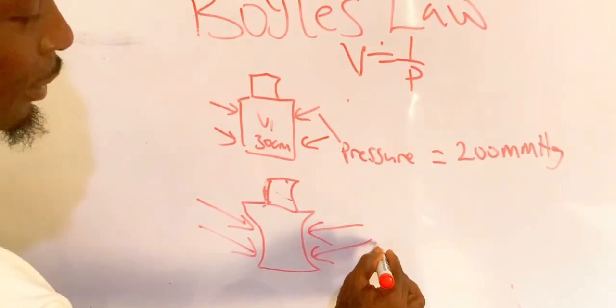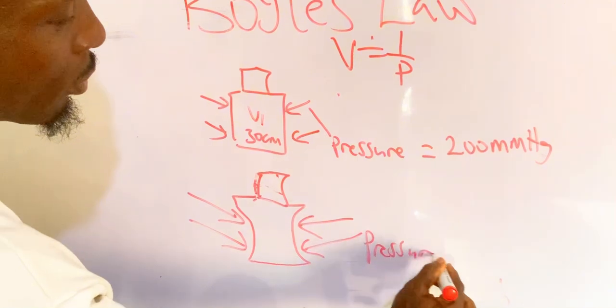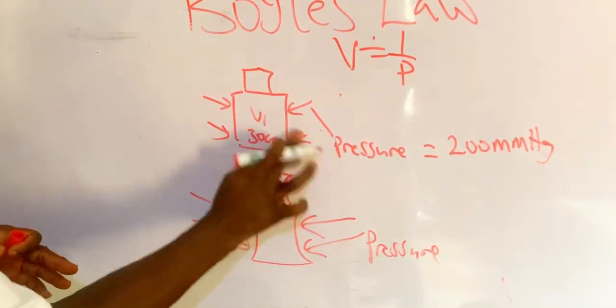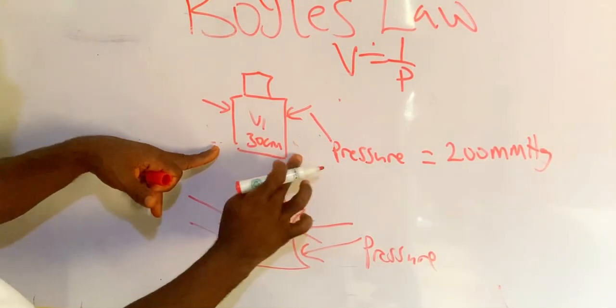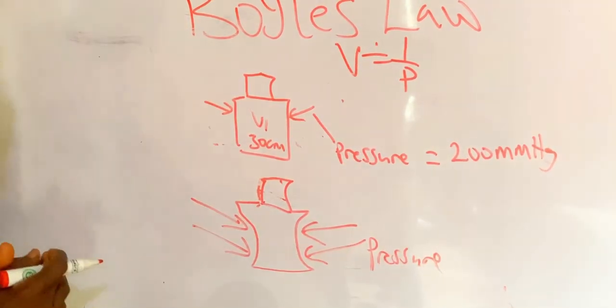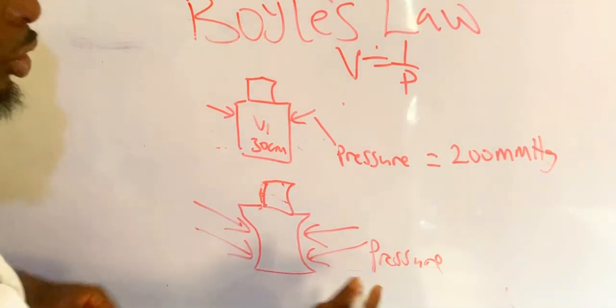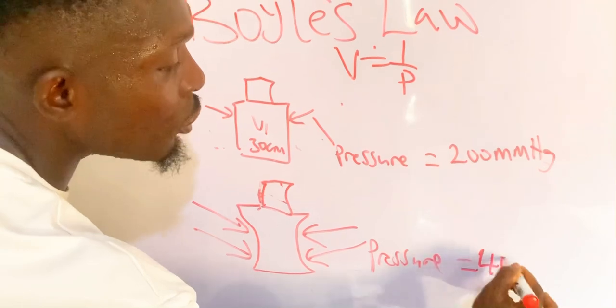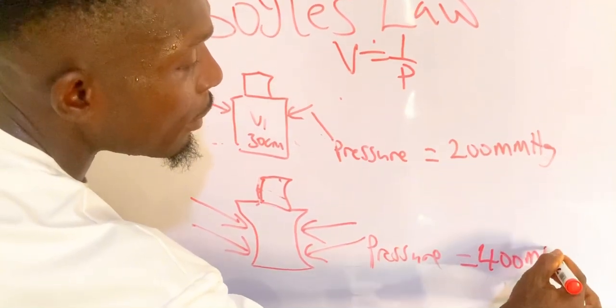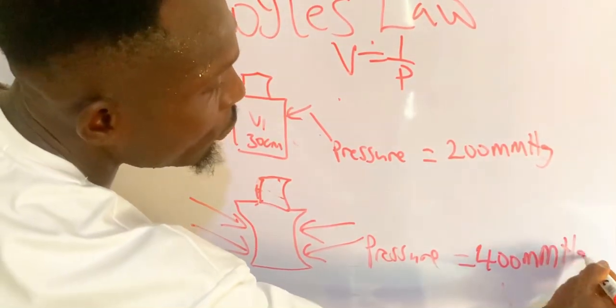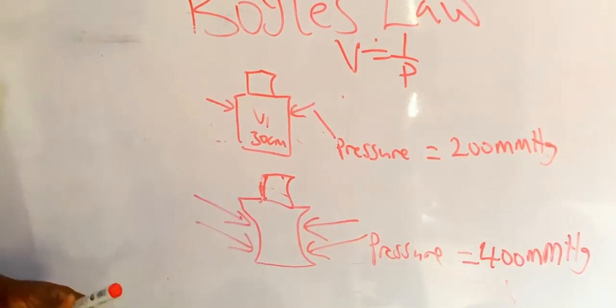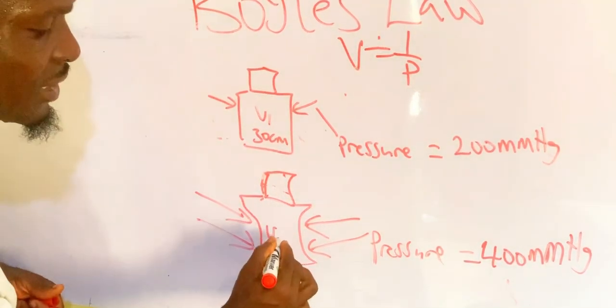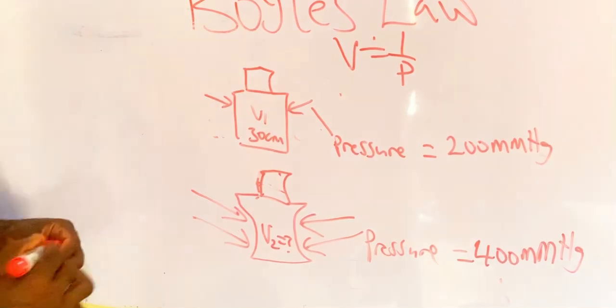You can see the pressure has increased. The initial pressure before was 200 millimeter mercury, and now the new pressure is about 400 millimeter mercury. With this, what will be the new volume? That is what Boyle's law is saying.